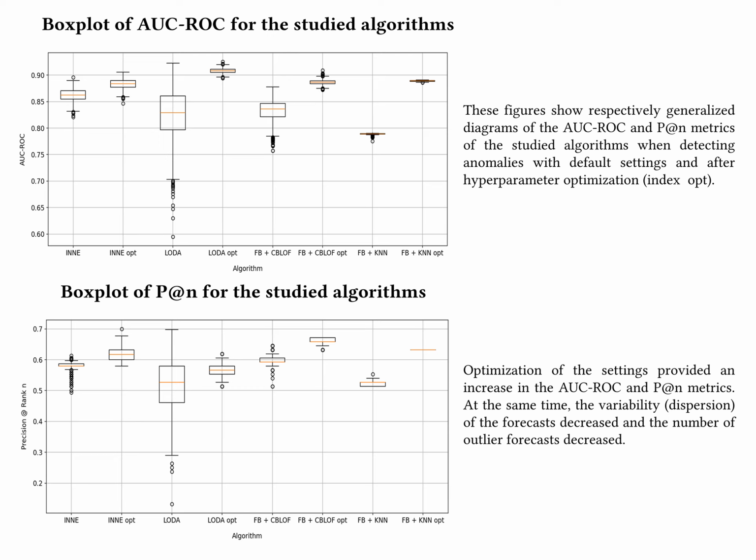These figures show, respectively, generalized diagrams of the AUC, ROC, and PN metrics of the studied algorithms when detecting anomalies with default settings and after hyperparameter optimization. Optimization of the settings provides an increase in the AUC, ROC, and PN metrics. At the same time, the dispersion of the forecast decreased and the number of outlier forecasts decreased.